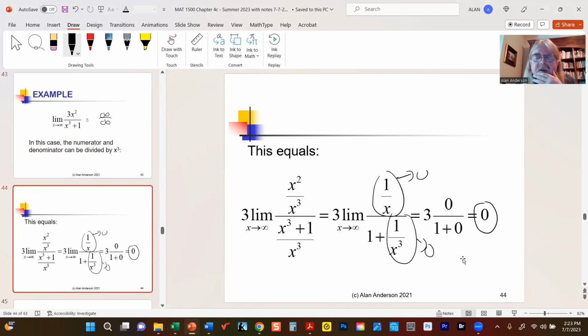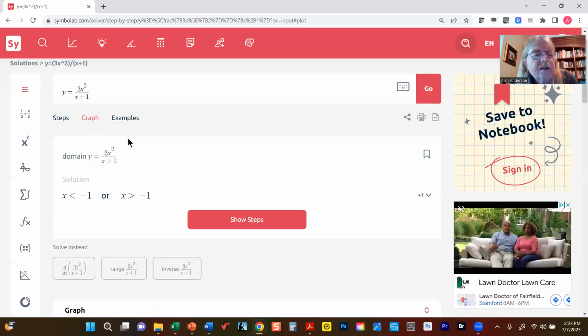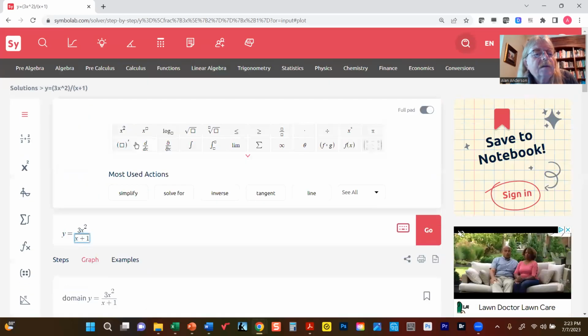By doing that, we end up with 1 over x over 1 plus 1 over x cubed. Since x goes to infinity, we have a couple of zeros in here. And ultimately, our answer is 0. So let's try this graph. Now this is x cubed.